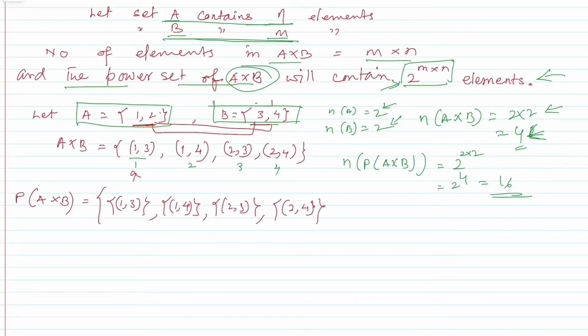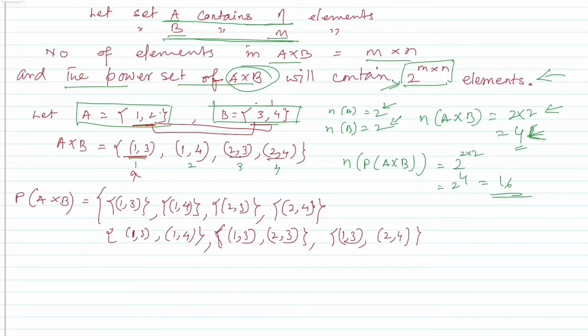Then we have to take pairs. Let us take the first and second ordered pairs in this set, 1 comma 3 and 1 comma 4. Then let us take the first and the third ordered pair, 1 comma 3 and 2 comma 3. Then the first and last ordered pair, 1 comma 3 and 2 comma 4.